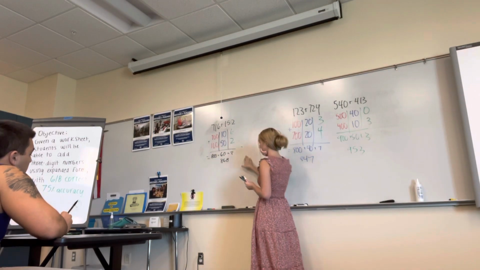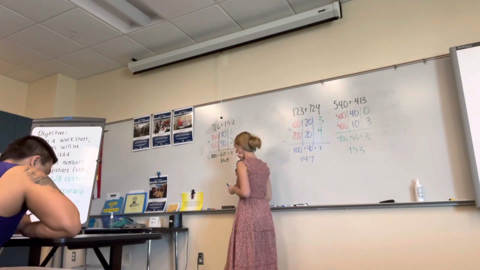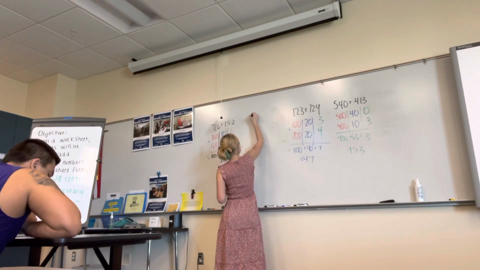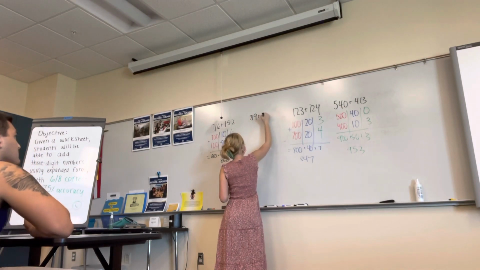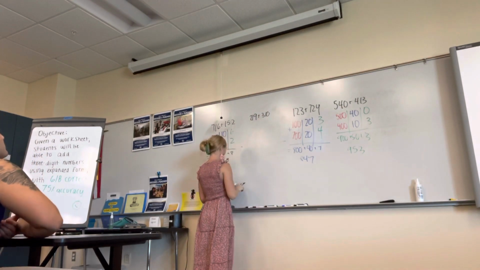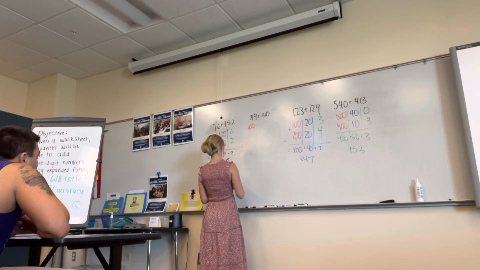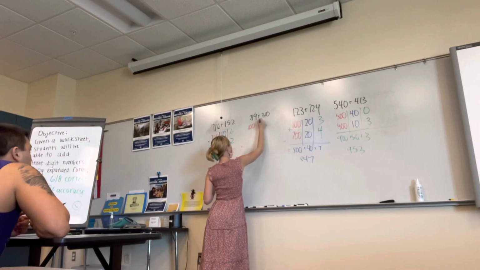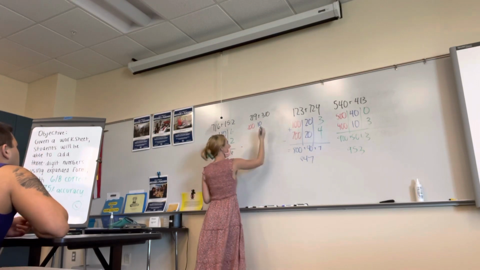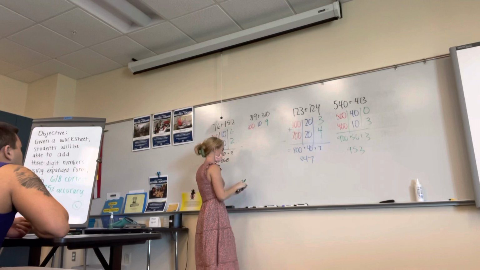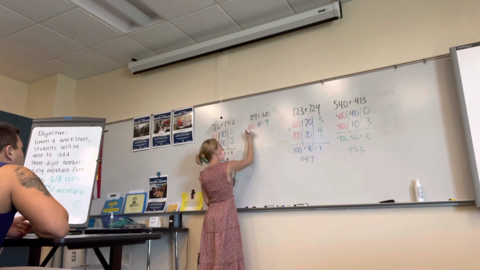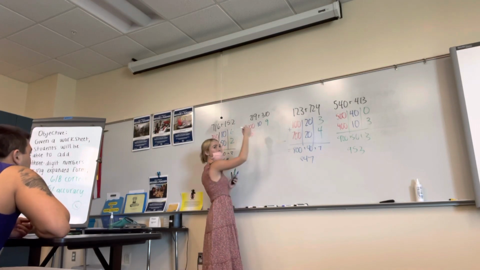What's our next problem? 219 plus 310. Okay. Hundreds place. 200. Tens. 10. 1. 9. What about 310? 300 is for what?